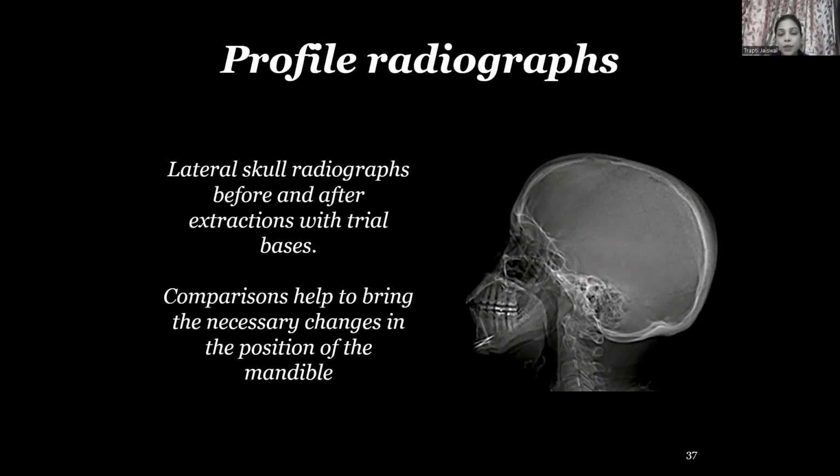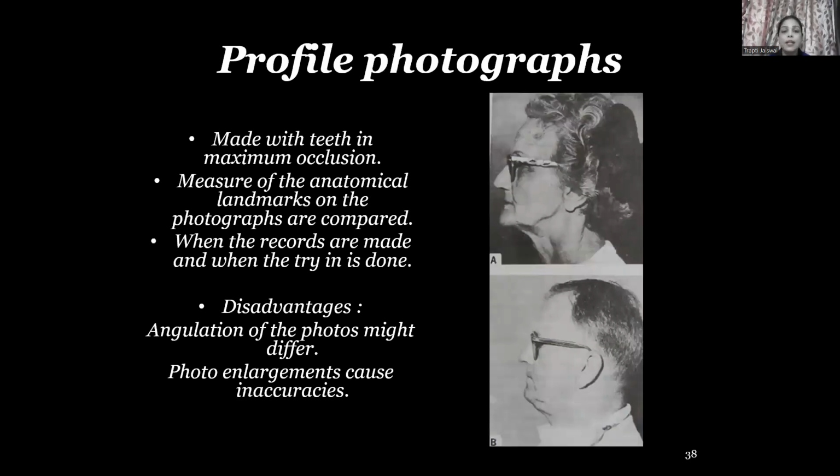But this method is not much valid because of superimposition of the images, so it is very difficult to calculate the exact measurements. Profile photographs are made with the teeth in occlusion when the teeth were present, asking the patient to make the teeth contact in maximum occlusion.